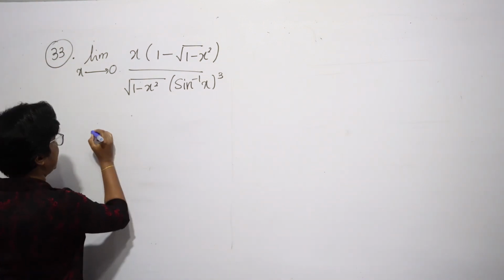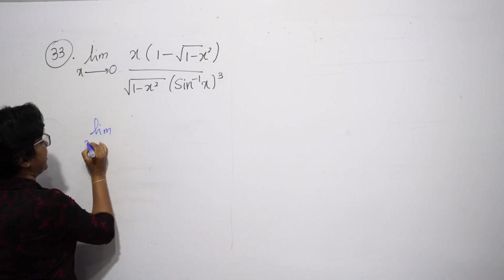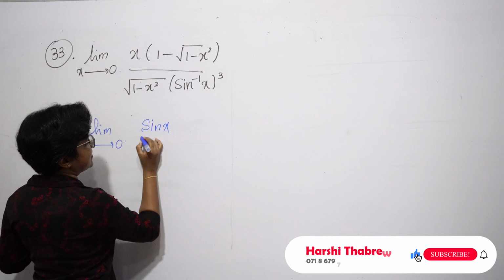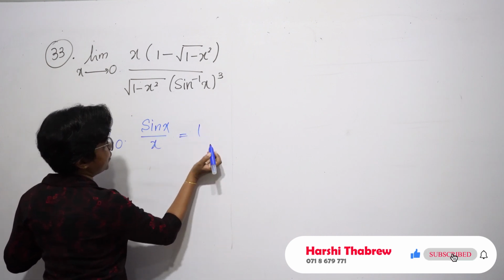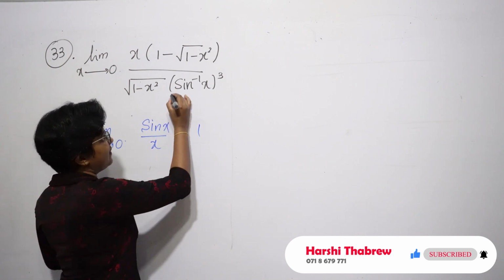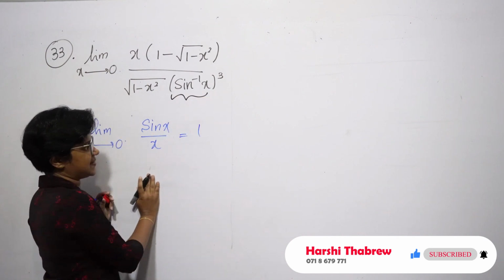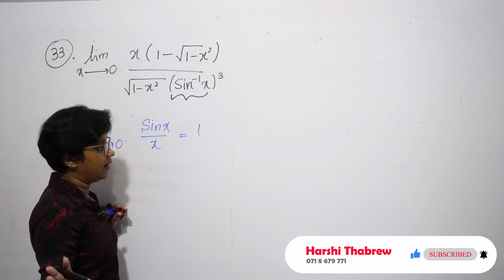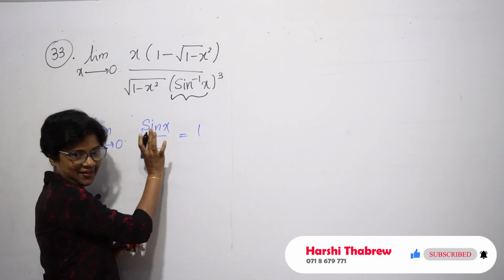You learned that as x approaches 0, sine x over x goes to 1. Here you have this part, sine inverse x. You don't know about the sine inverse thing, but you know about sine x.